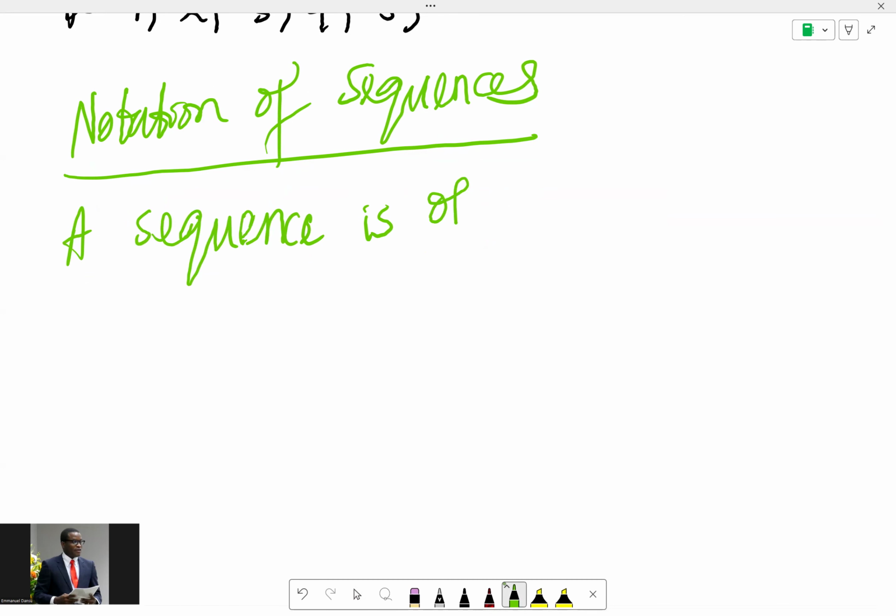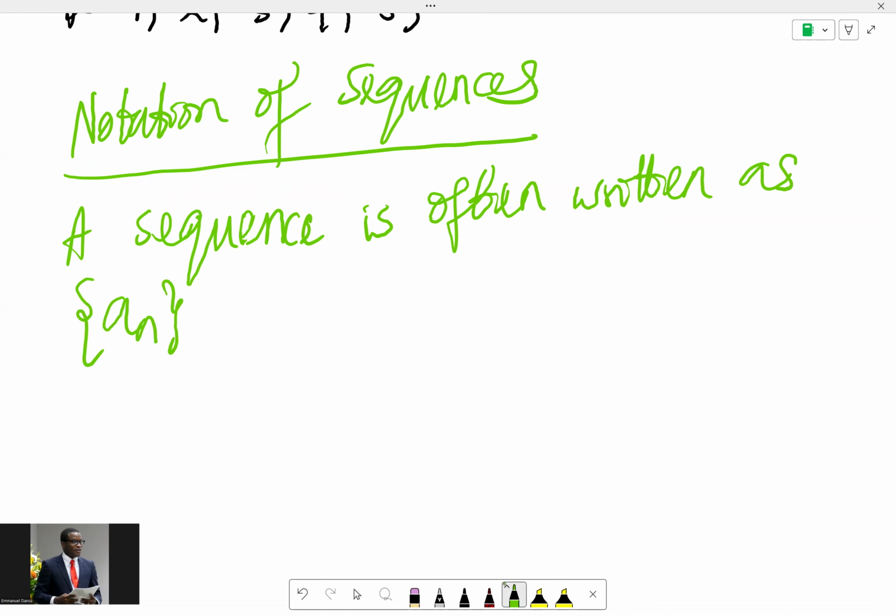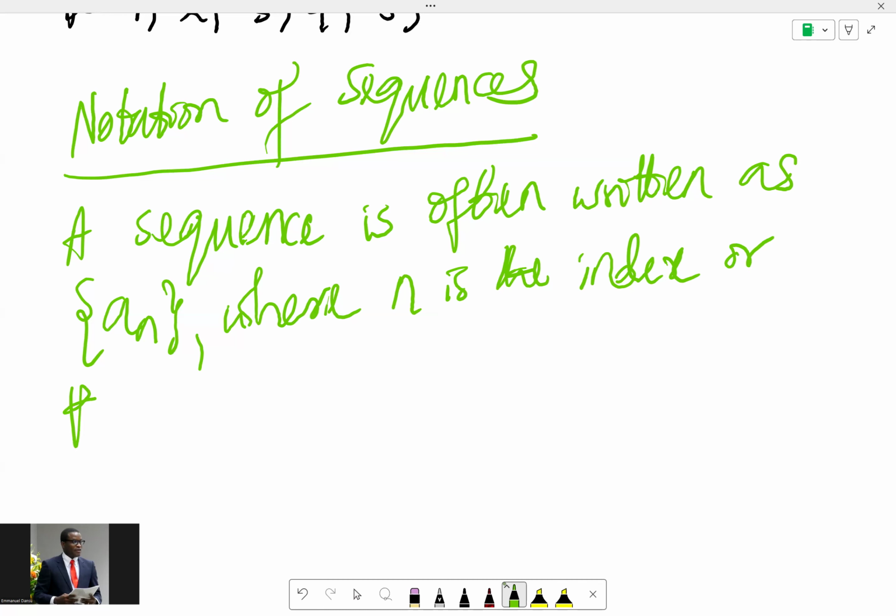A sequence is often written as this. So you have a collection of all a_n, right? Where n is the index or position of the terms.